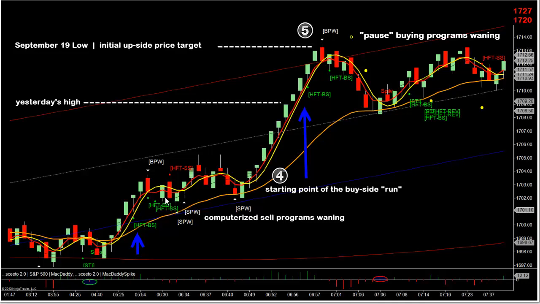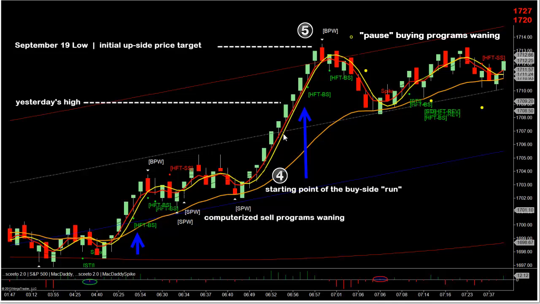On each of the subsequent downticks, the computerized sell programs ceased executing to the sell side. During the narrow market maker algorithmic sequence, the digital filters indicated the uptick, downtick, bid-ask, bid-offer ratio turned up.